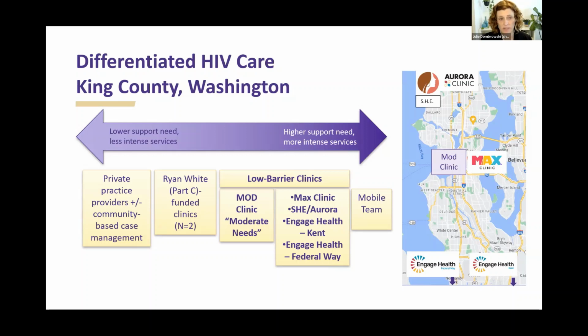And then the low barrier clinics, the MOD clinic or moderate needs, which I'll talk more about today, and soon 4 other low barrier clinics. And a developing mobile team, even for people we have difficulty bringing in and engaging in the low barrier clinics. And as you can see in the map at the right, the goal of this evolving system is to ensure that we have broad geographic access to low barrier care.